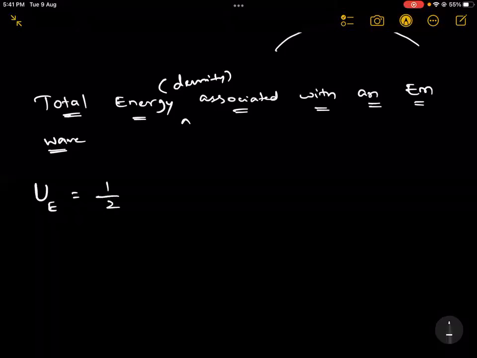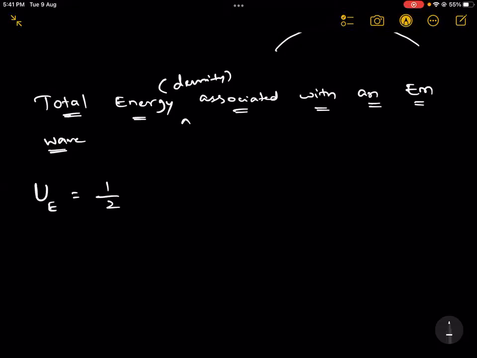Half... Do you remember this expression? Yes or no? See, in capacitors, we derived this. In a capacitor, what is the energy? U is equal to half CV squared, where V is the potential difference. So half into epsilon naught A divided by d, into, how can you write V?